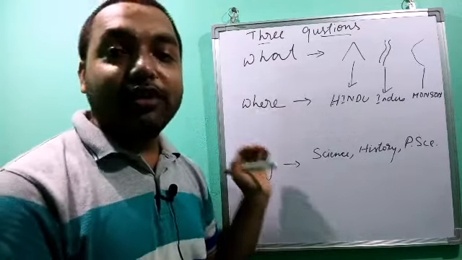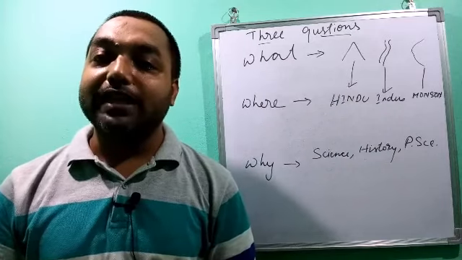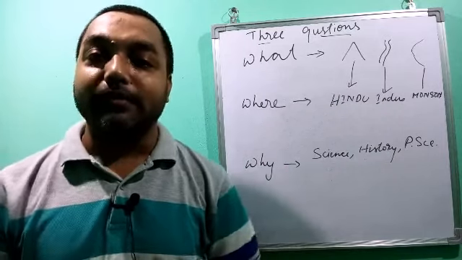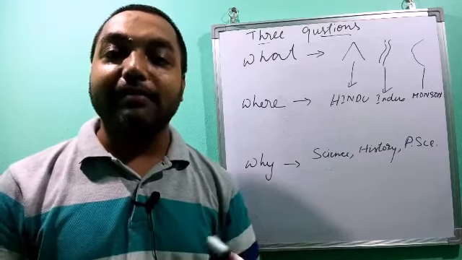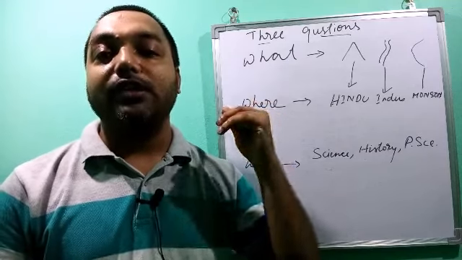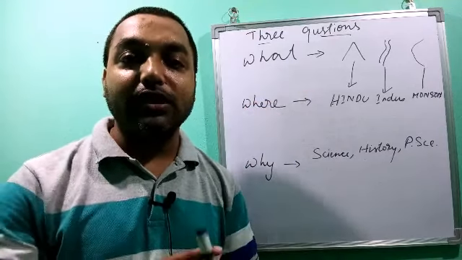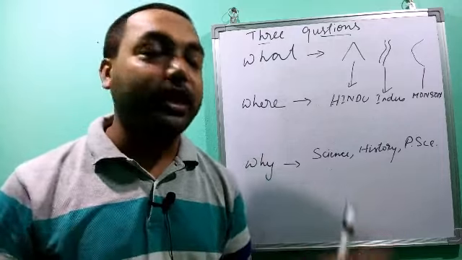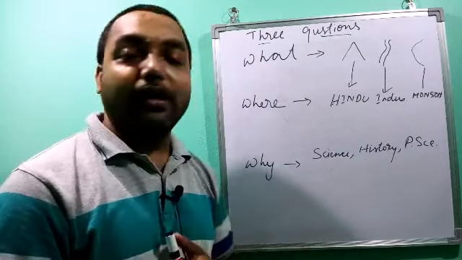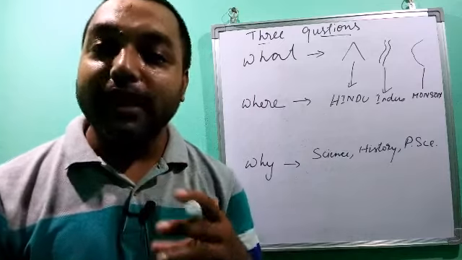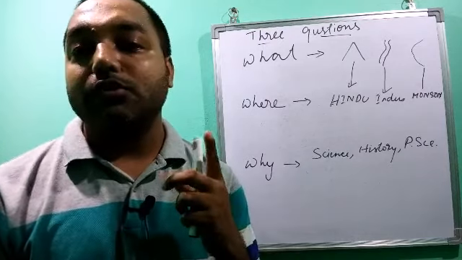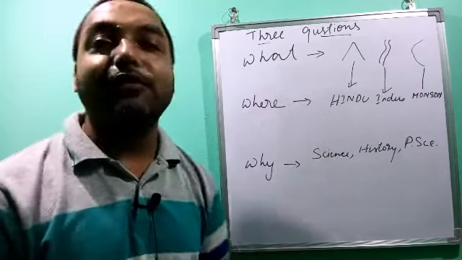But later on, very recently, a new question was introduced into geography, and everything changed. The total scope of geography became very wide. This question is why. When the question why came, it changed the total periphery of geography.